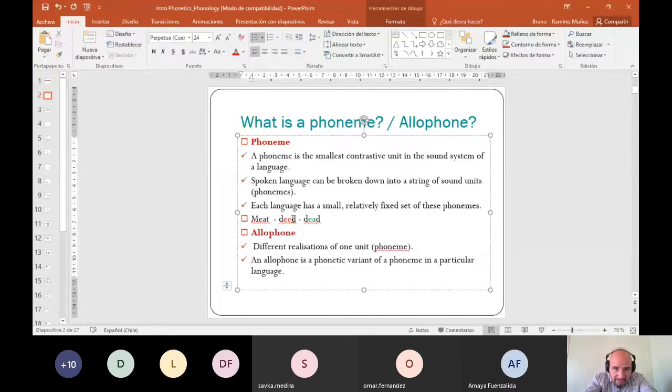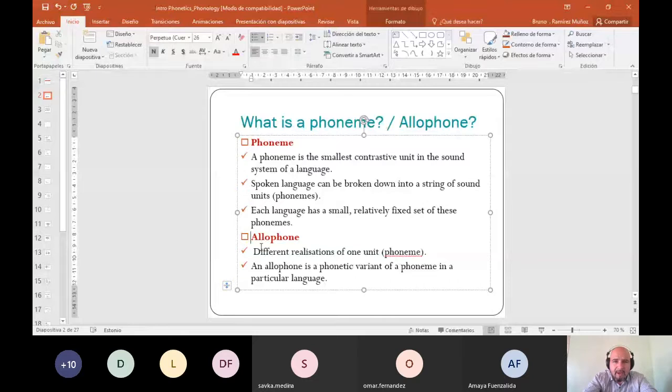But the only difference is the vowel sound in the middle. If I use one or the other, the meaning is something different. Deed is a different word from dead. So that's why I can tell that these sounds are the smallest contrasted unit, because if I change it, I change the meaning of the word. That's the idea.